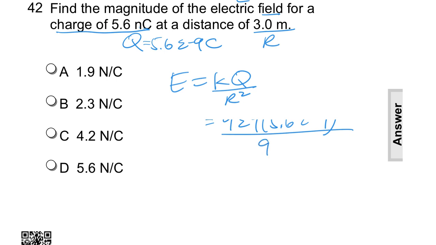So basically, I don't even need a calculator because 10 to the 9 times 10 to the negative 9 is 10 to the 0. So these cancel out too.